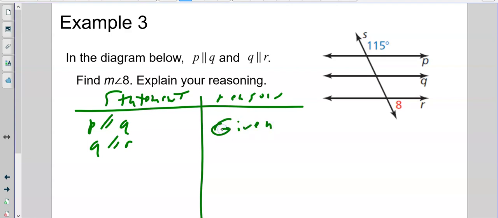That is supposed to be a G. It just says explain your reasoning, but I'm going to put it in a proof just because it's good to practice this. So if we know P is parallel to Q and Q is parallel to R, we know that P is parallel to R. And that's the transitive property.